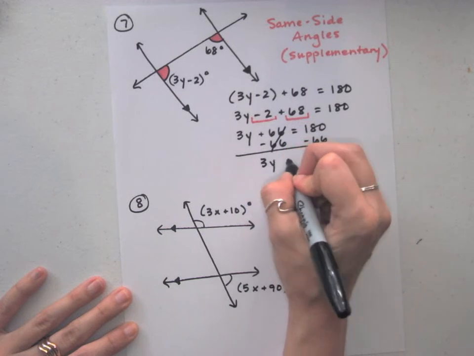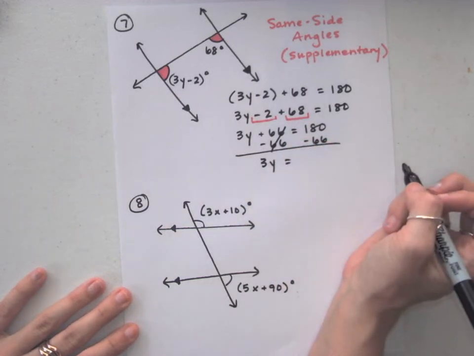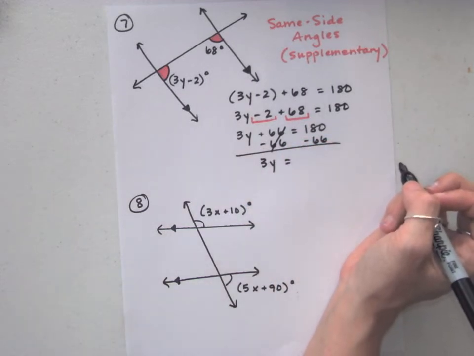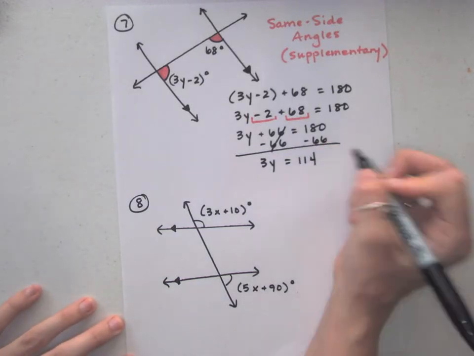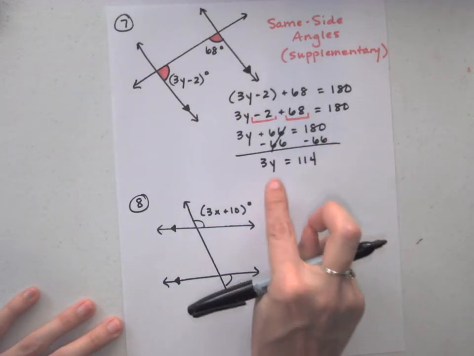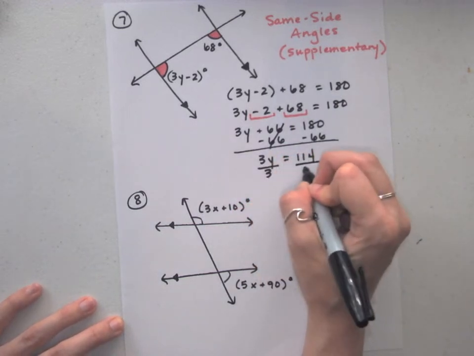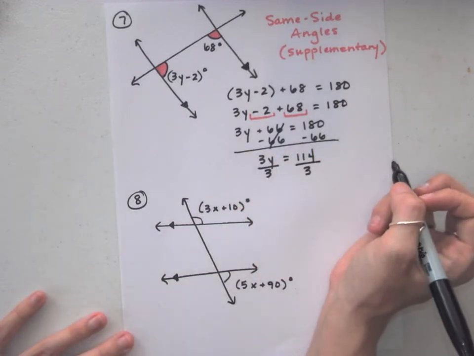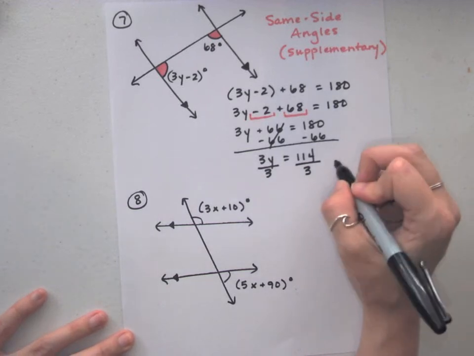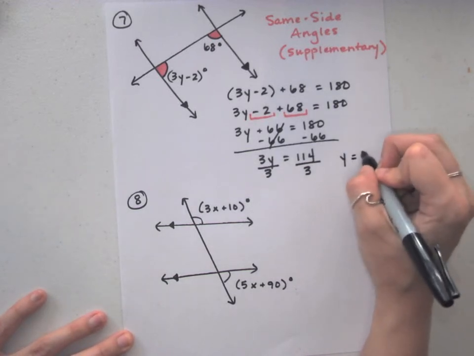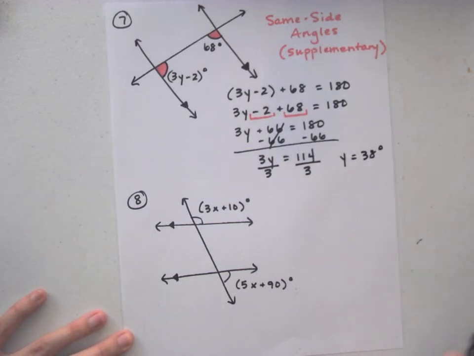We have 3y equals, let's see, 180 minus 66 is 114. And then we want to solve for y by dividing by 3. All right, and 114 divided by 3, y equals 38 degrees.